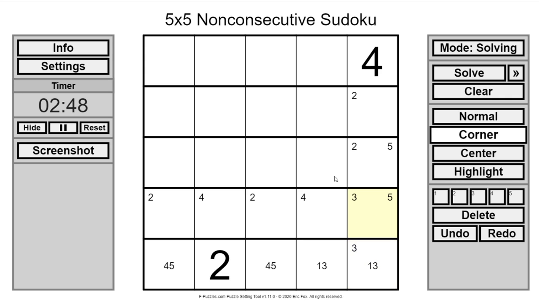So 3 is somewhere there. Where does 1 go? It can't be next to either of the 2's. So this is actually a 3-1 pair, making this a 5. And this a 2.